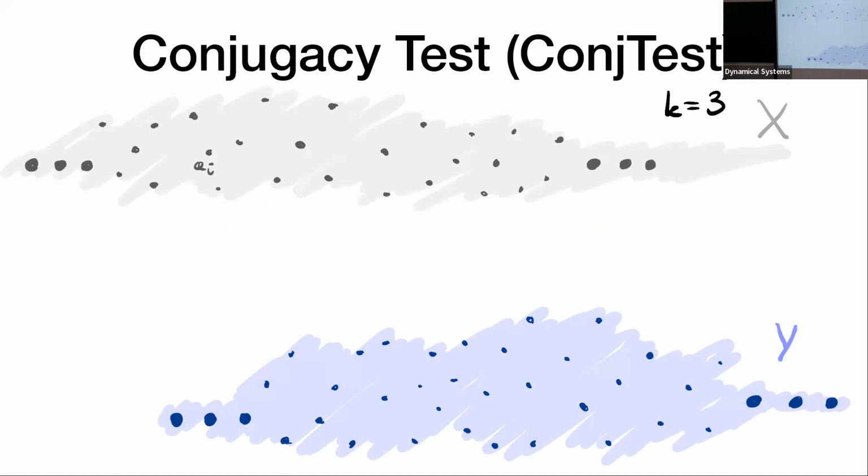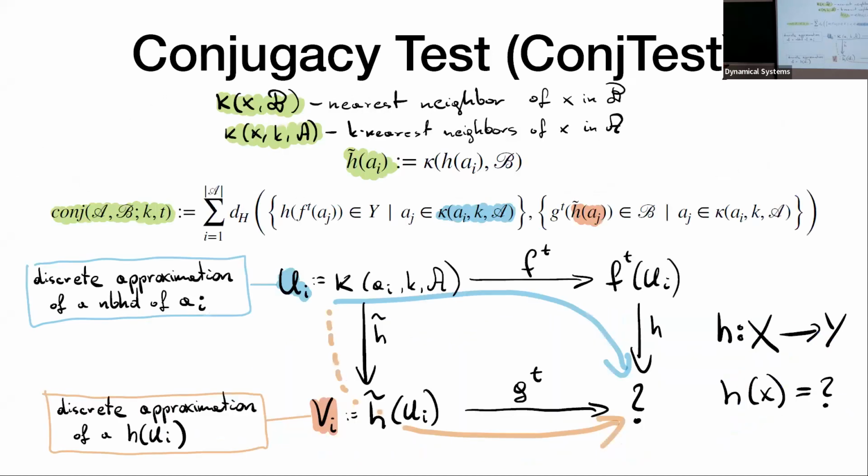I will focus on this conjugacy test, and I will keep the FNN and KNN, maybe mentioning them just one or two times. As Justyna already mentioned, this formula is very horrible, while the idea is very simple. It's just difficult to put it in a compact way.